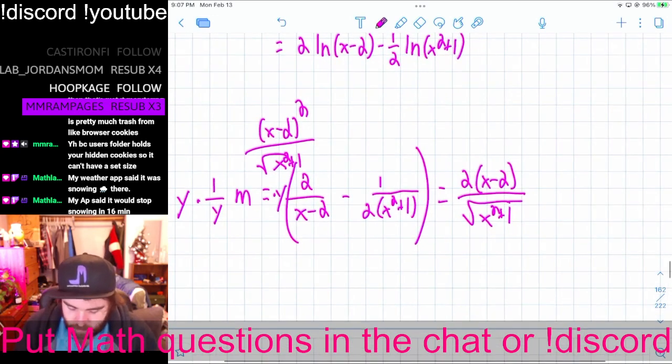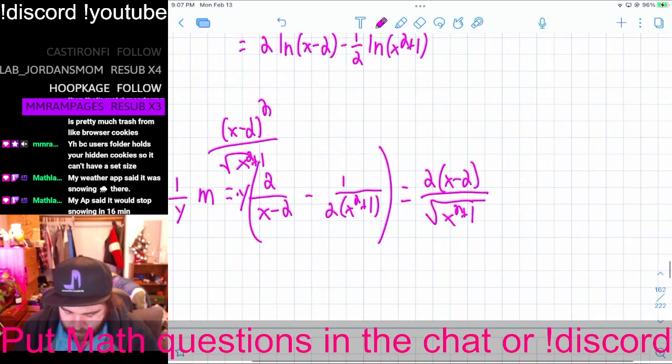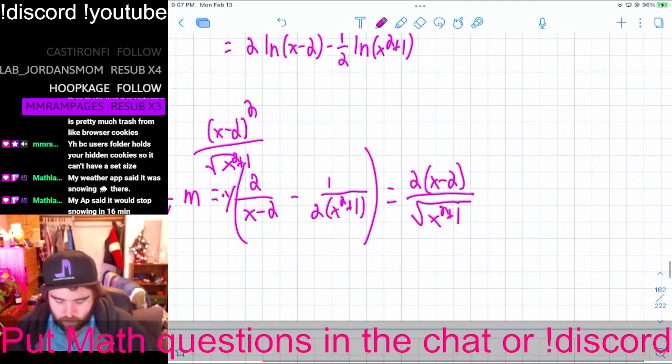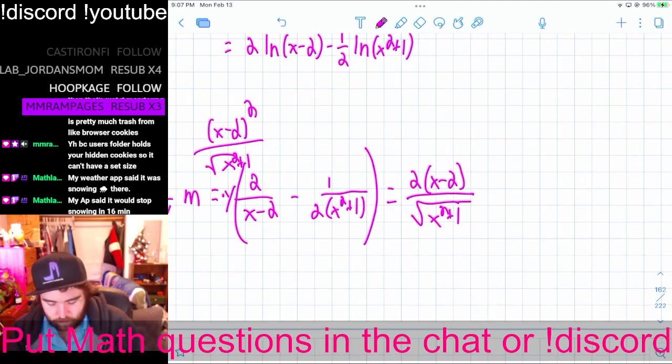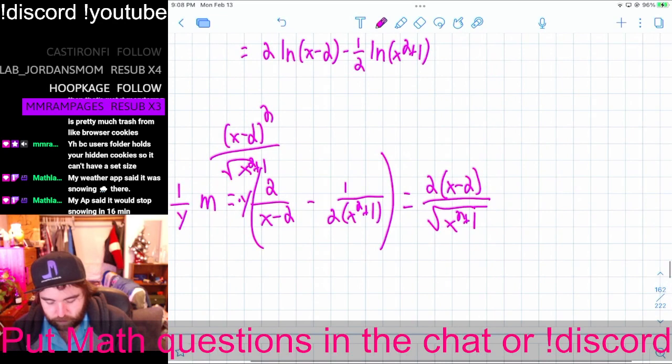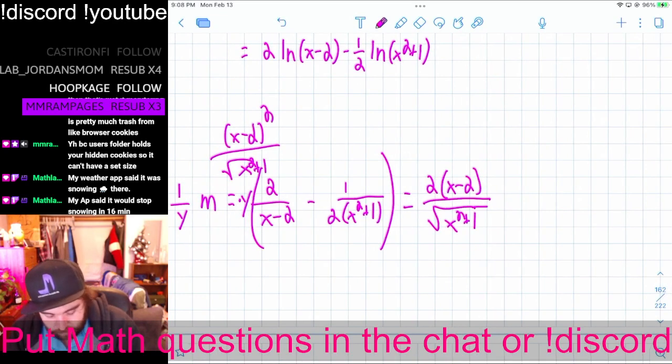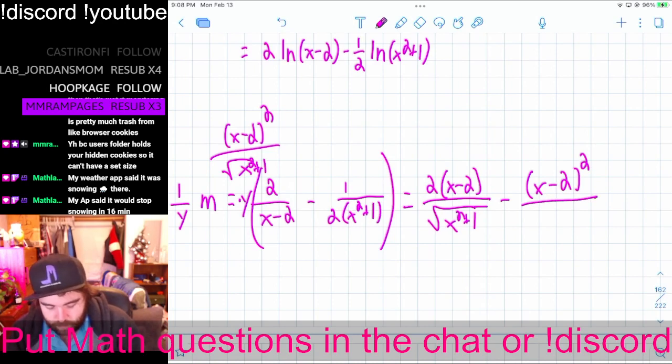And then I'm going to distribute it to the next one, which really doesn't simplify nicely at all. We're just going to have x minus 2 squared over root x squared plus 1 times x squared plus 1 with that bonus 2 on the bottom.